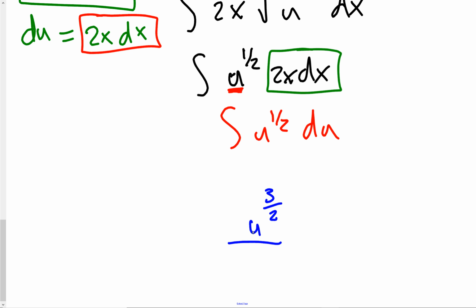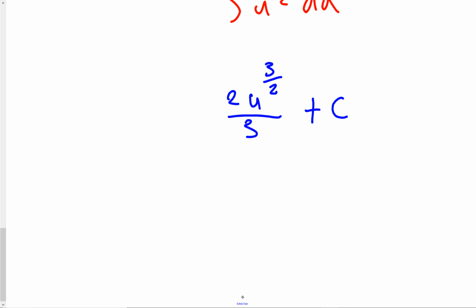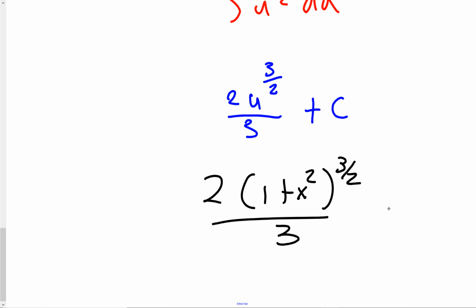U divided by 3/2, which is 2/3. And then I'm adding c to that. But first, now I can plug back in my u. My u was 1 plus x squared. Add c. So there's my derivative, or there's my integral, sorry. There's my integral.